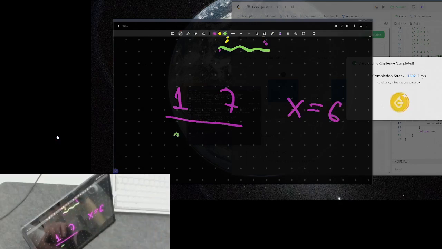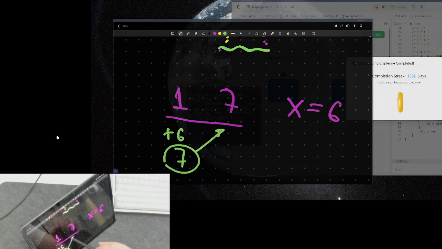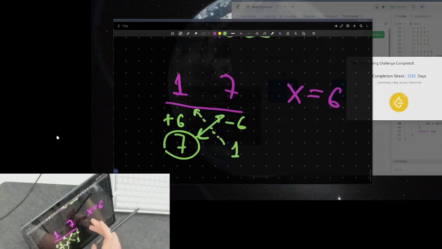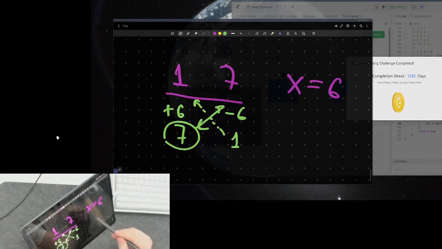That means if we do plus 6 here, we get 7, and it matches. It also means if we do minus 6 on 7, it becomes 1, so it matches with 1. But how can we find this property programmatically?